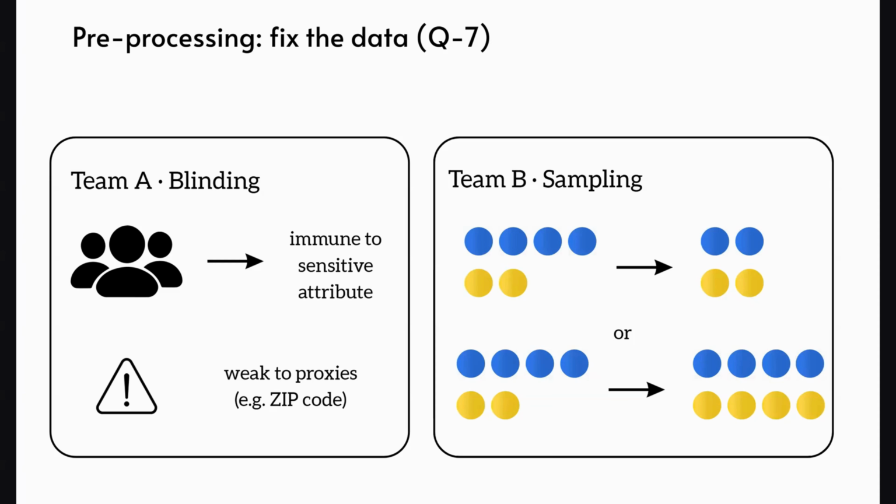So for example, if the main sensitive attribute is the country or the city I'm residing in, I'm removing that city, but I'm still keeping the pin code, the zip code, a proxy to that thing. So soft blinding has an issue there, that it is still not immune to proxies.